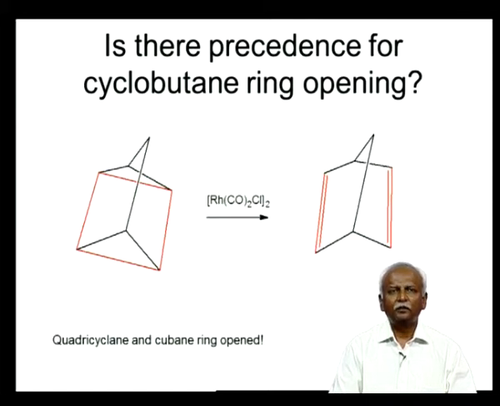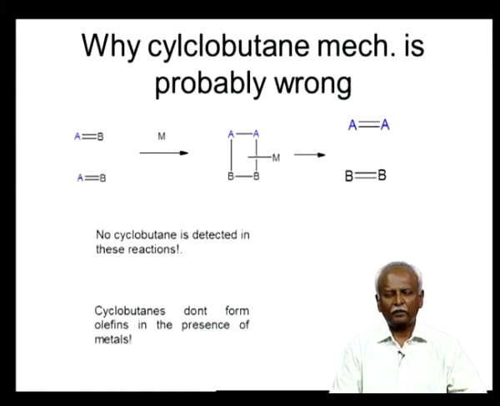So, clearly you do have a possibility for a metal catalyzed ring opening of a cyclobutane ring to two olefins. Now, having said that, we should quickly say that no cyclobutane has ever been observed in these reactions, and so it is highly unlikely that these are intermediates.